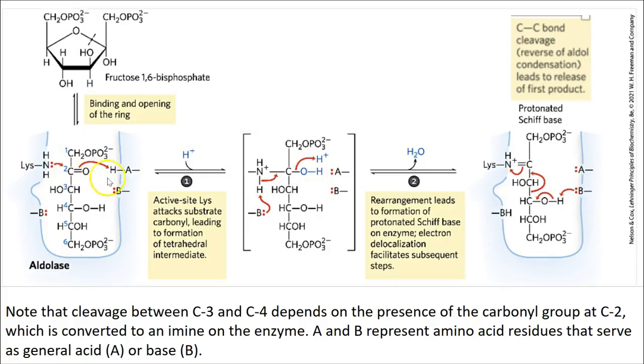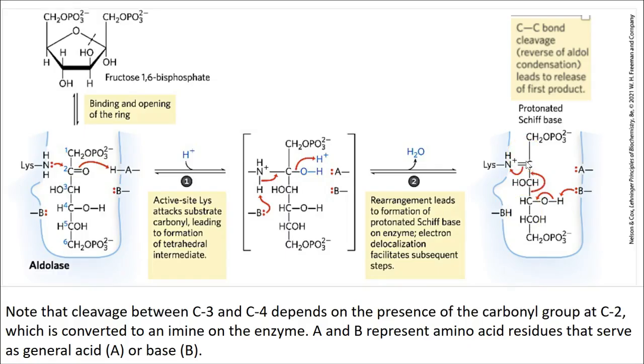And then from there, we have other amino acids that act as a base or an acid, and thus we have some rearrangement that occurs, and some dehydration that happens where we release water, and thus we have this form of what is called a protonated Schiff base.